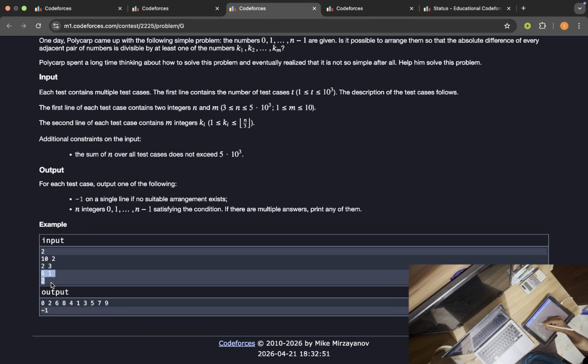Then 1 can reach 3. 3 can reach 5. Yeah, it's a disconnected component. That's why it's not possible. Yeah, makes sense. So it has to create a DAG, and it has to be fully connected.